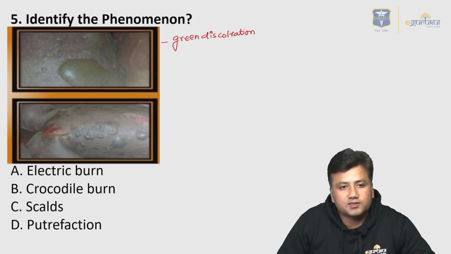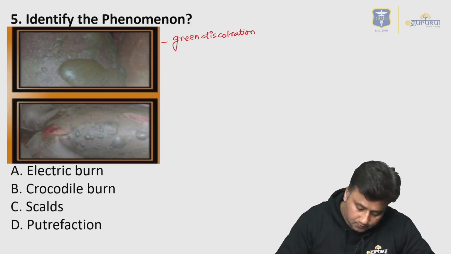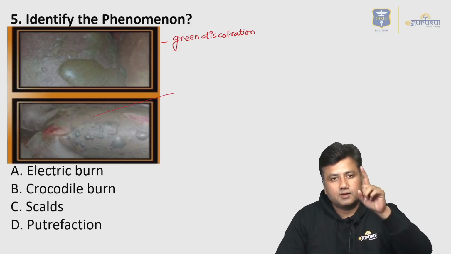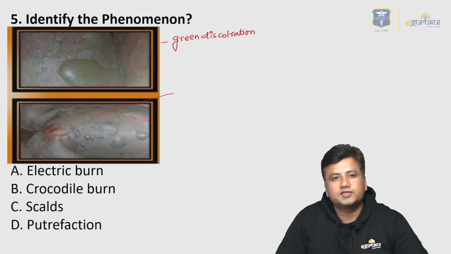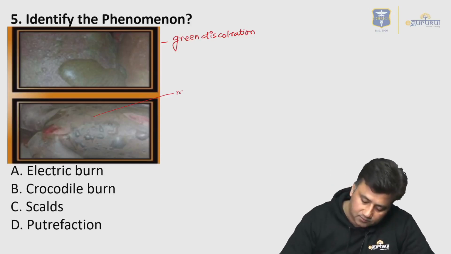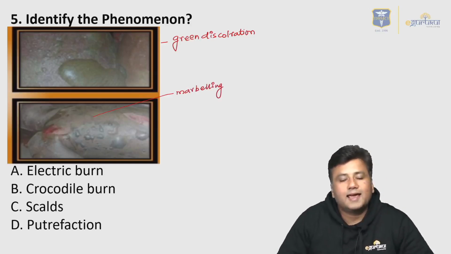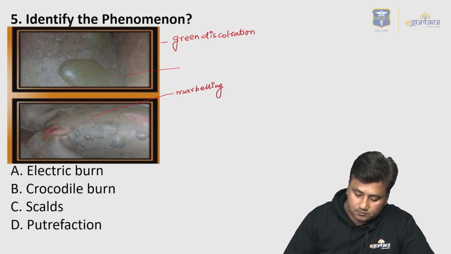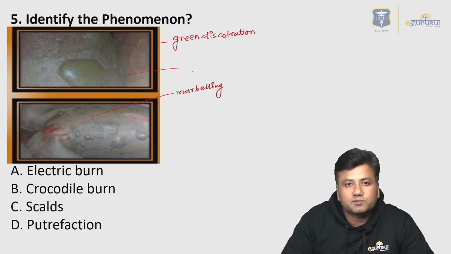If you look at the picture closely, here we can see greenish lines on the body also, which are showing marbling. And of course, we can see blisters which are present on the body.